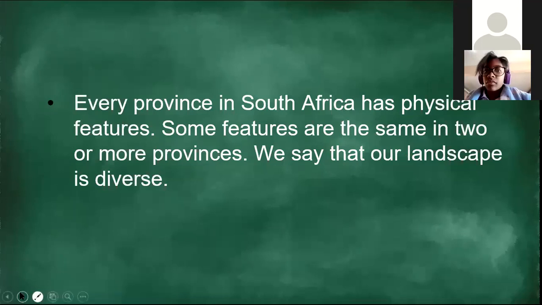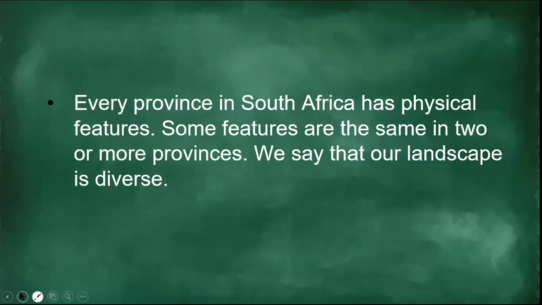We all have mountains, we all have valleys, we all have hills, we all have rivers, we all have all those things. Okay, so our landscape is very much diverse. The physical features in South Africa.